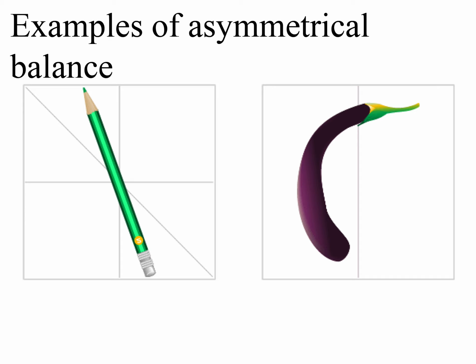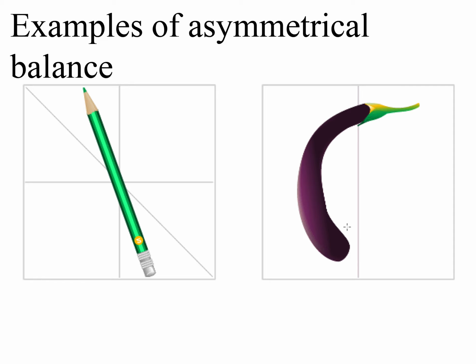So then there's asymmetrical. I thought this would add a little flavor to the presentation. We still have the pencil, we still have the eraser and the tip, but it's no longer on a 45-degree angle. Now, if we were to cut it in half and look at it, we're seeing things that are a little asymmetrical, but it's still balanced. It's just not a perfect mirroring of the image.